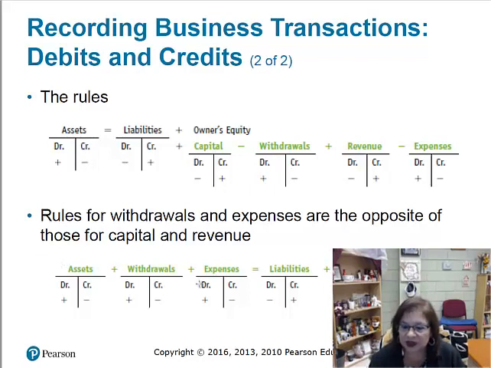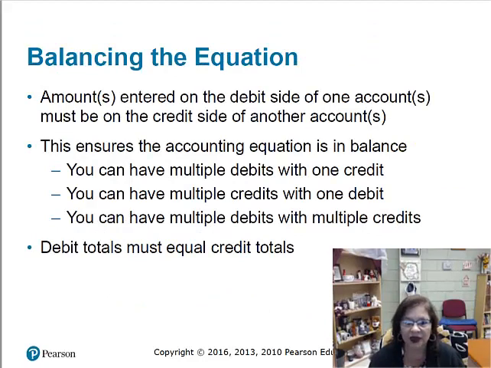When we look at the rules of the debits and the credits, because there's a debit and there's a credit, you'll see how everything works out, okay? You can have multiple debits with one credit, multiple credits with one debit, and you can have multiple debits and multiple credits. They all must equal out to the amount, okay?